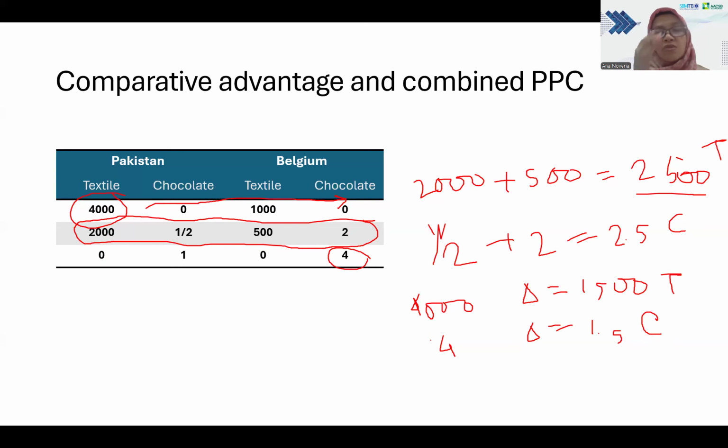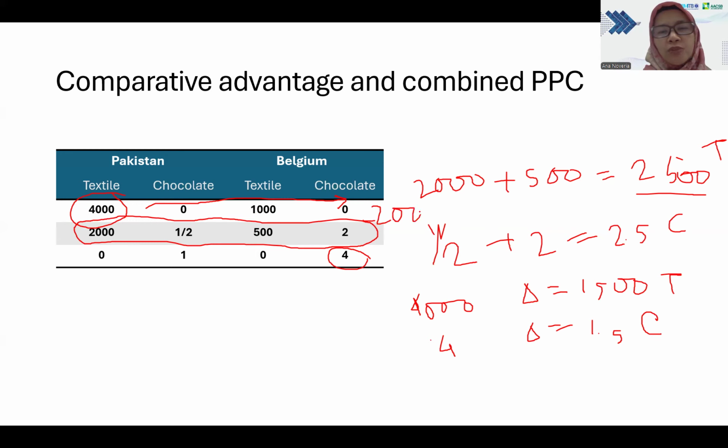So now Belgium can consume 2,000 textile, so 2,000 to Belgium.